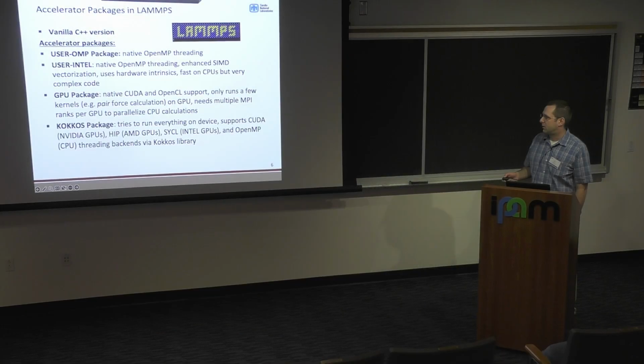And the difference between the GPU package and the Kokkos package is mainly that the GPU package only accelerates the pair style, so the force computation, as well as a few other kernels. Everything else runs on the host CPU, and so you need to parallelize that using multiple MPI ranks per GPU.